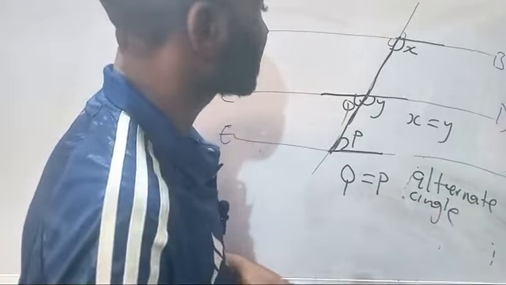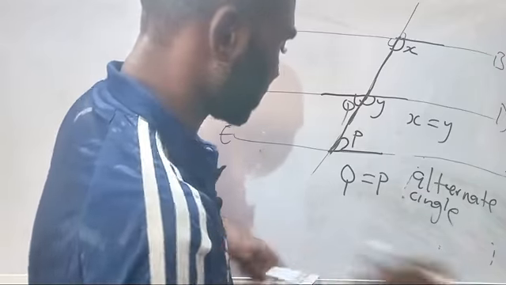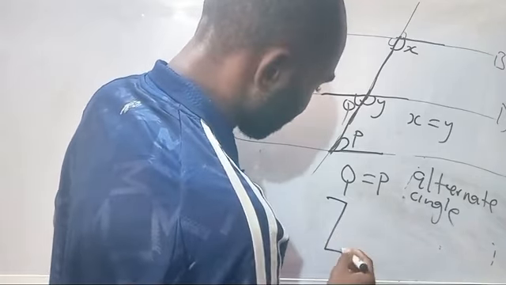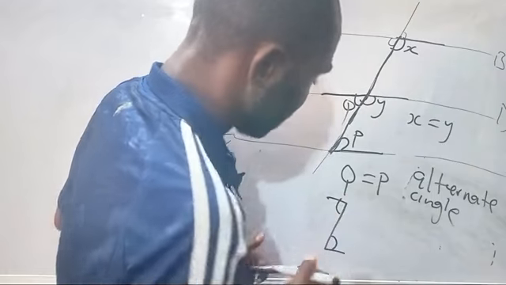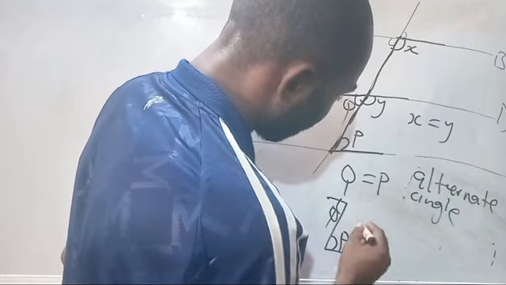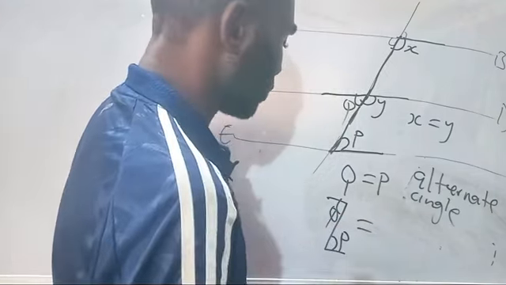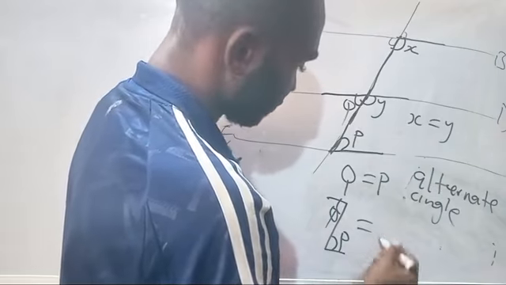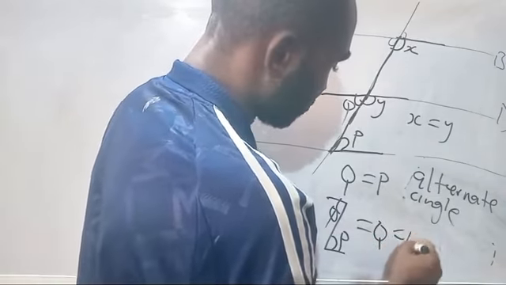So alternate angles are angles in the form of Z, something like this. Here, the same. If here is P and here is Q, you will have Q is equal to P.